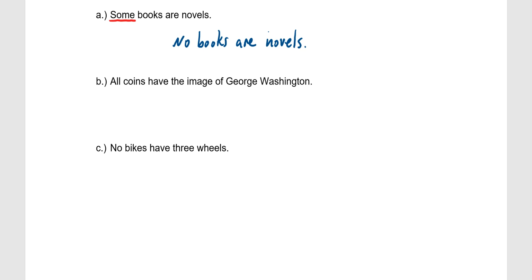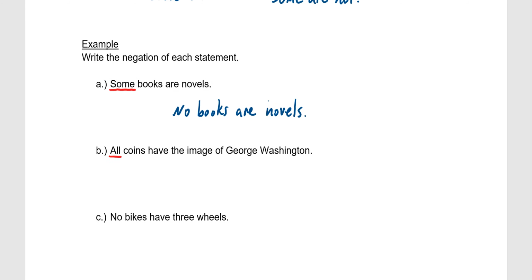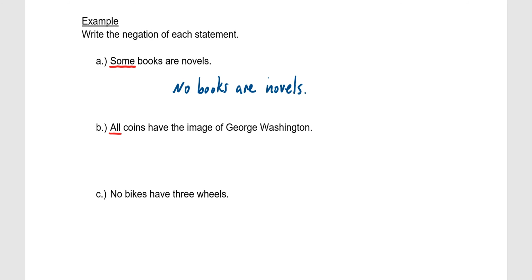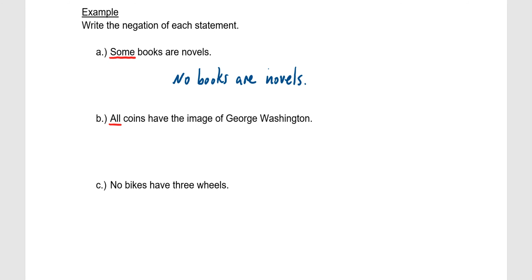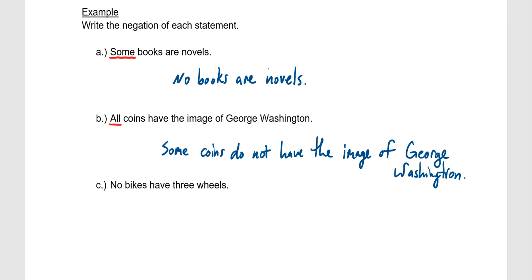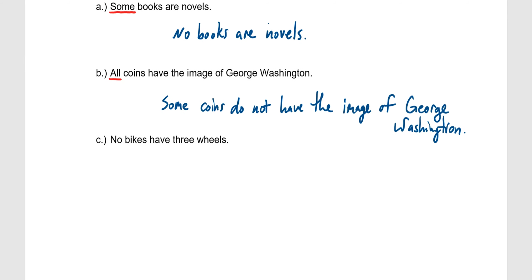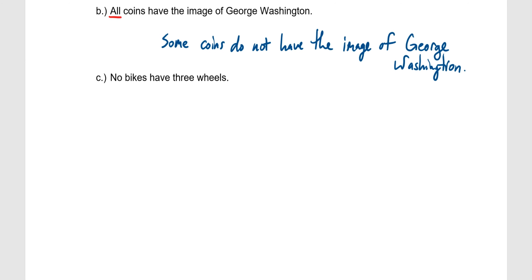Okay, in the next one we have all coins have the image of George Washington. So this time we have all. The negation of all is going to be some are not. We can phrase this properly by saying that some coins do not have the image of George Washington. And then the last one here we have no bikes have 3 wheels.